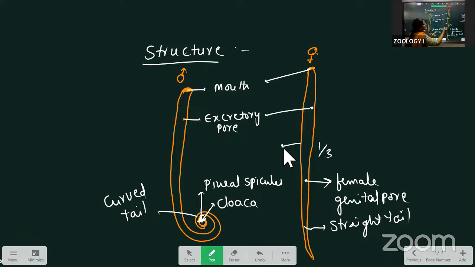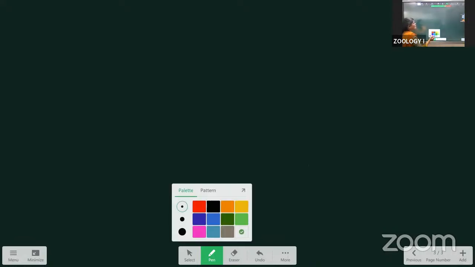Both the male and female are present in the small intestine of man, and the females release the eggs. Those eggs we call mammillated eggs. Why we call them mammillated eggs, I'll draw the diagram. This is also an important diagram.